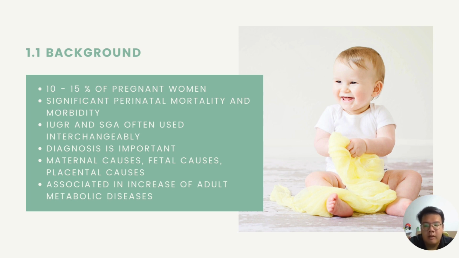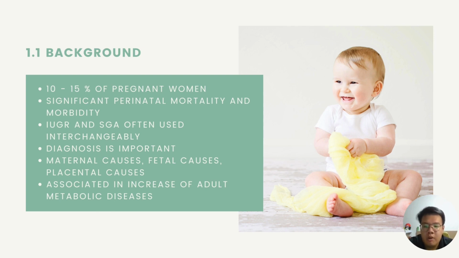And also we have fetal causes, which are genetic disease, including aneuploidy, congenital malformations, fetal infection, multiple pregnancies. And also we have the placental causes, which are placental insufficiency, placental infarction, and placental mosaicism.